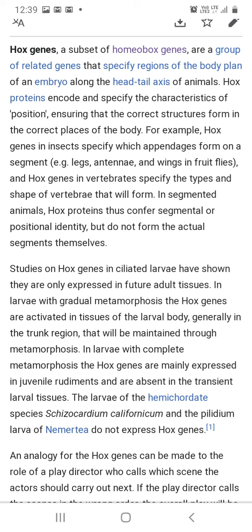Then class Crustacea has a varied number of crustaceans like prawn, crabs, etc. Then we have diplopods, chilopods, arachnids, all varied and different kinds of organisms.